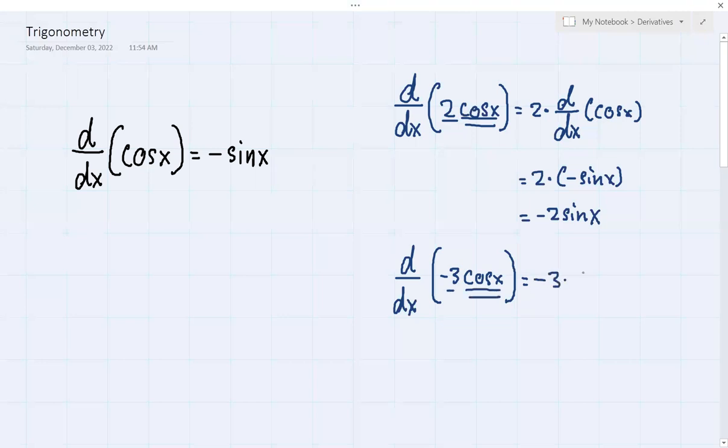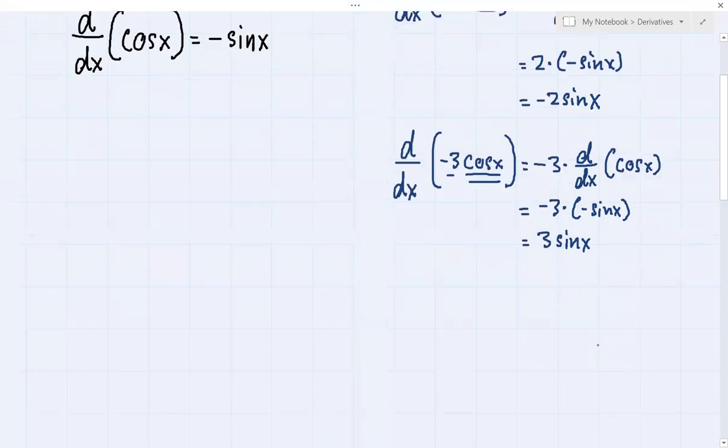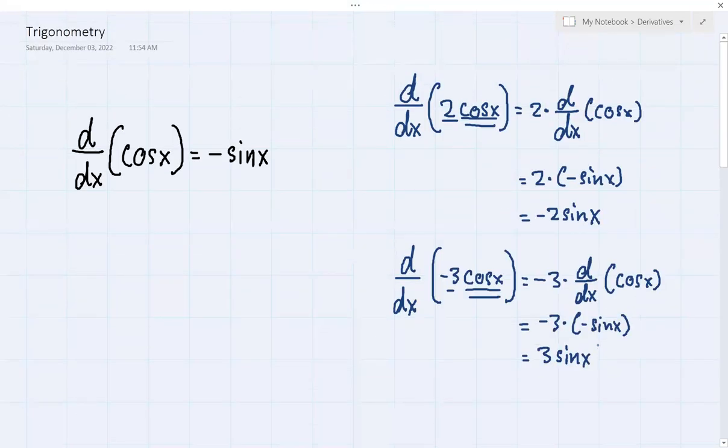So, we will have negative 3 times the derivative of cosine x. So, in here, we will have negative 3 times, derivative ng cosine x ay negative sine x. So, negative 3 times negative sine x, we have positive 3 sine x. See, nakukuha? So, as you can see, parang madali lang to.